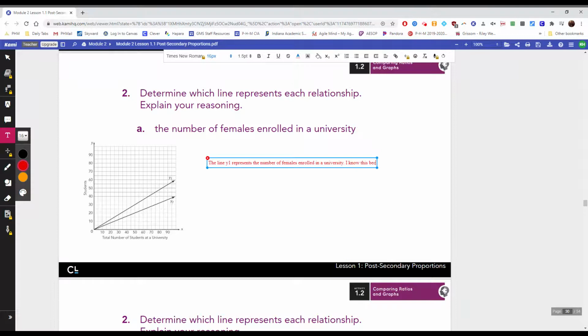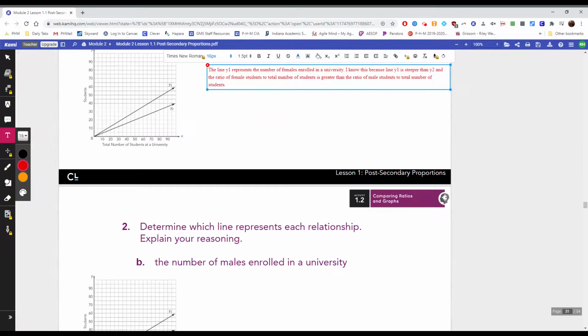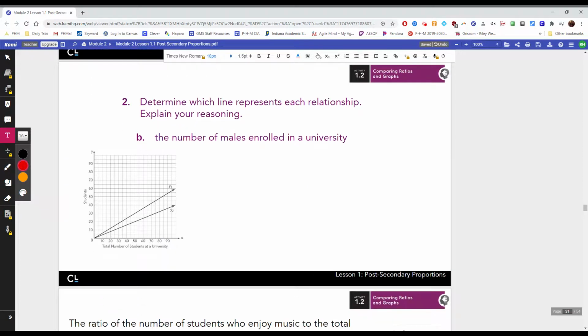I know this because line y sub 1 is steeper than y sub 2, and the ratio of female students to total number of students is greater than the ratio of male students to total number of students. So likewise, for part B, that means that the number of males enrolled must be y sub 2.